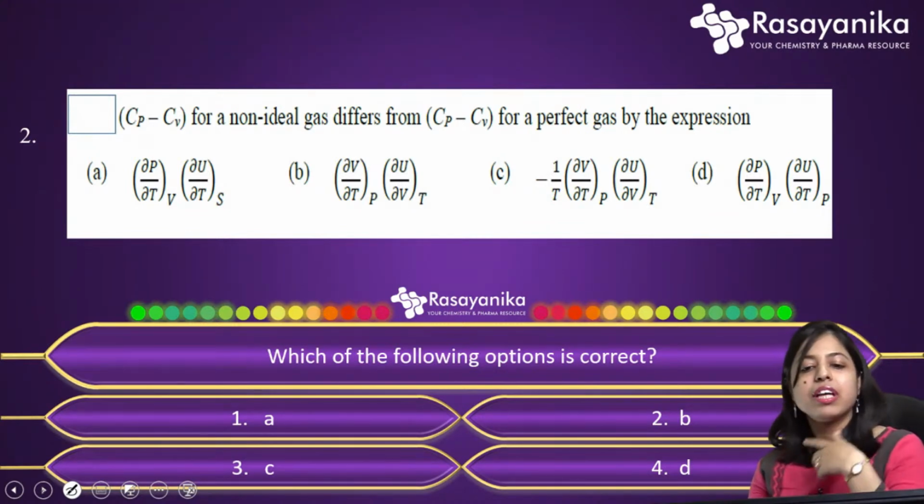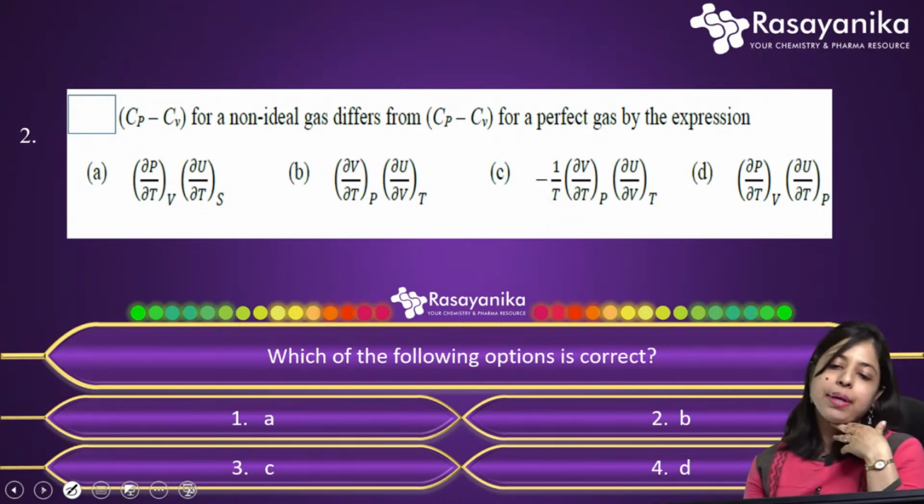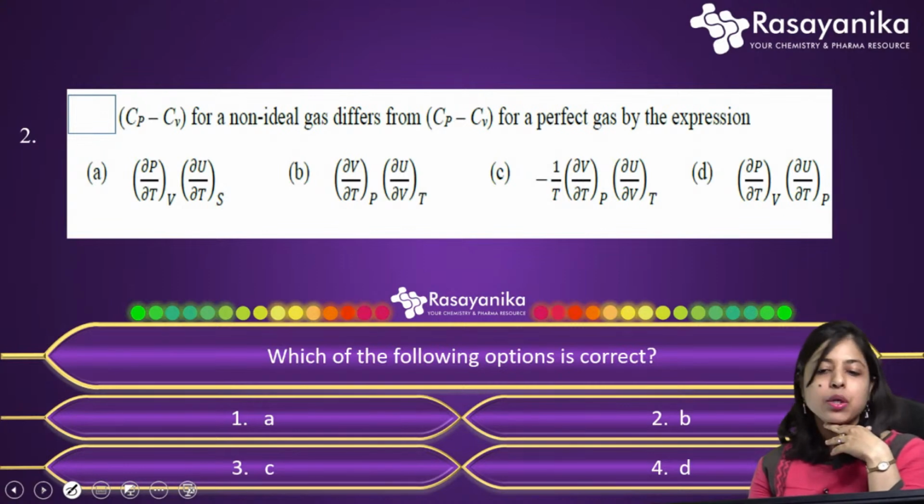Option B is del V upon del T at constant P into del U upon del V at constant T. Option C is minus 1 by T, del V upon del T at constant P, into del U upon del V at constant T. And option D is del P upon del T at constant V into del U upon del T at constant P. So these are the expressions given in the options.